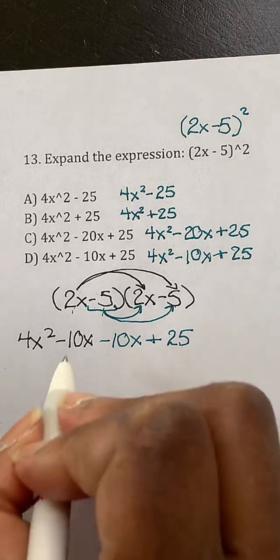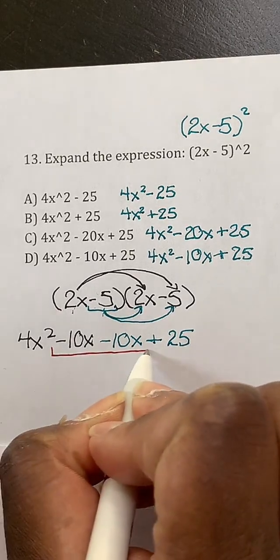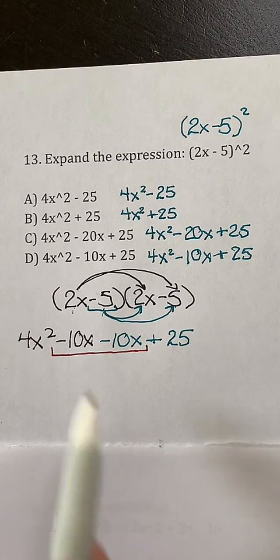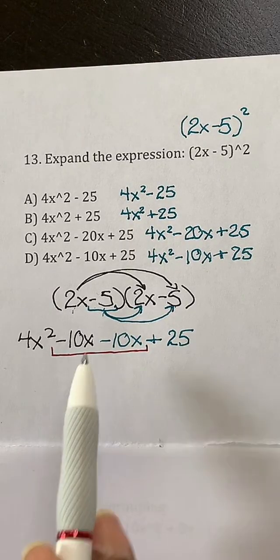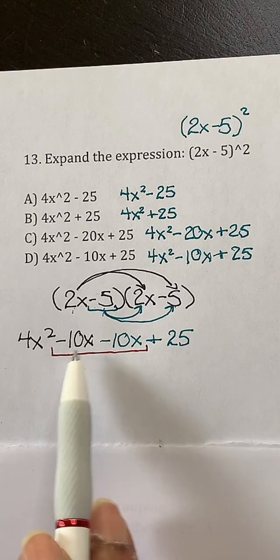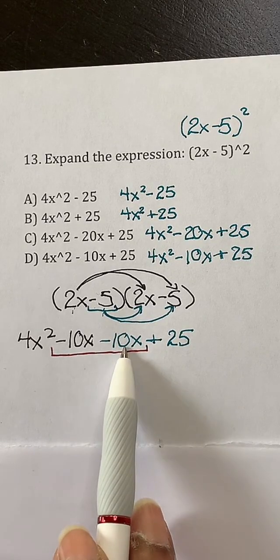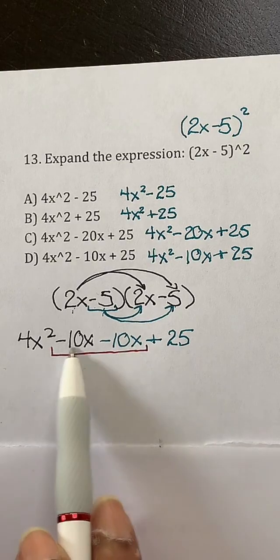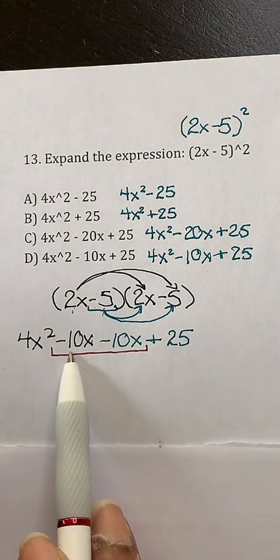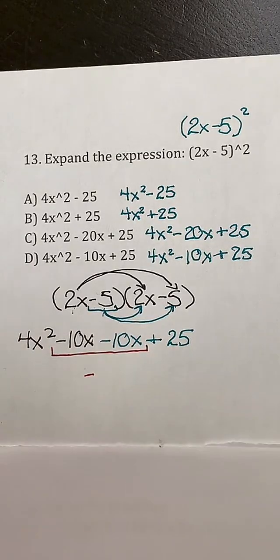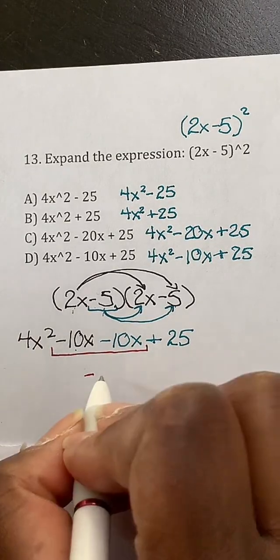Then here we are, right there in the middle. I think a lot of people are like, where did the negative 10 come from? That's where it came from. But now we have a negative 10 and a negative 10. So when the signs are the same and you're combining, you keep that sign and you add the numbers.